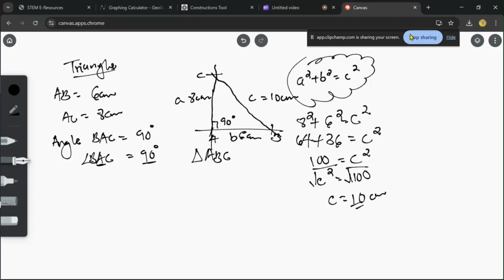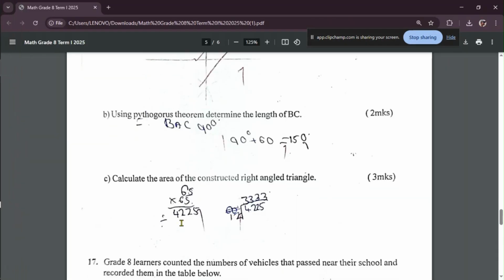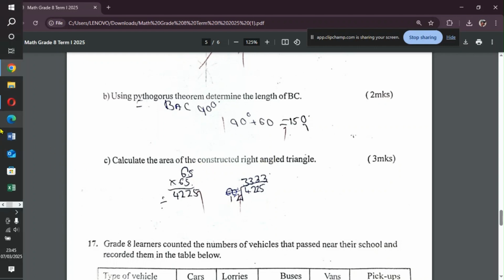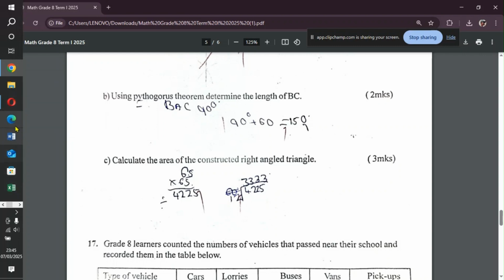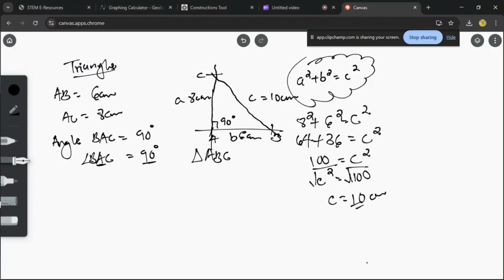The next question is, calculate the area of the constructed right angle triangle. Area here is just the area of a triangle.